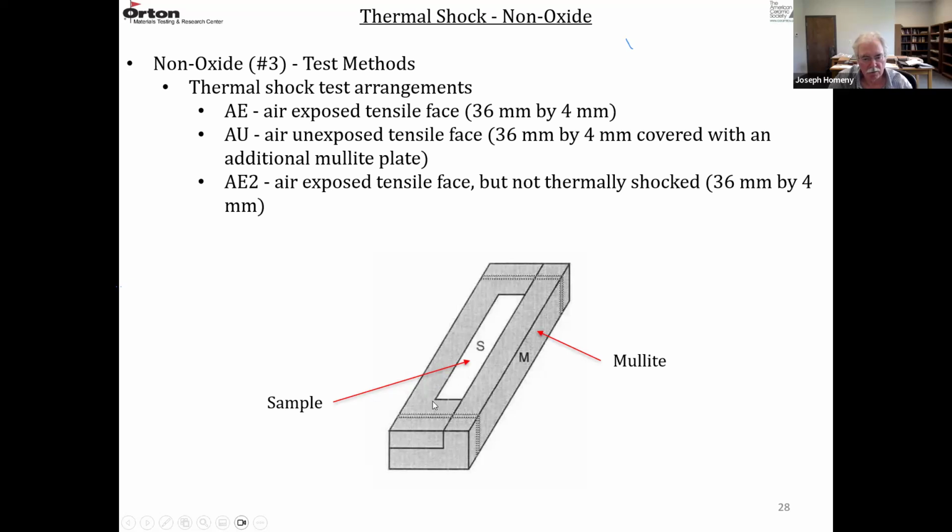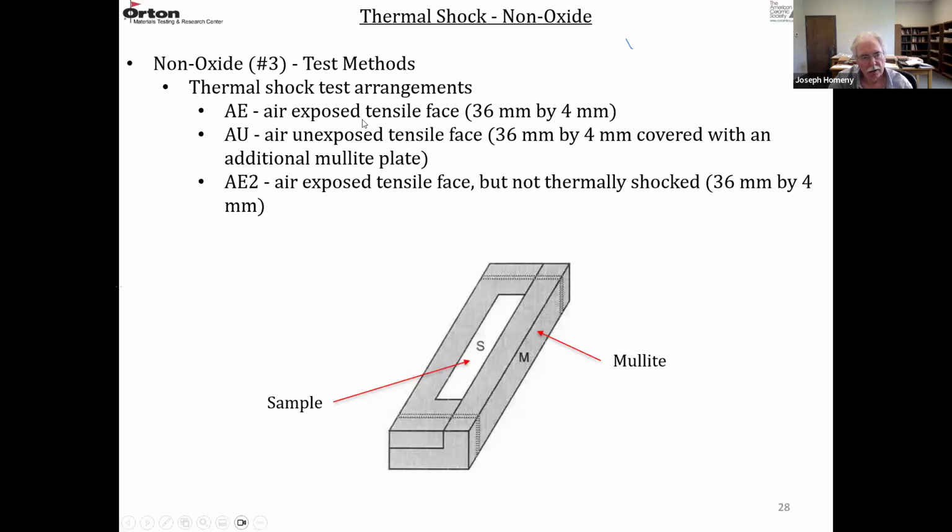This is the tensile surface. It was encased in a mullite box, basically, that was in 2 pieces, so that when this was dropped into the water bath, this would fall apart and you thermally shock the sample.